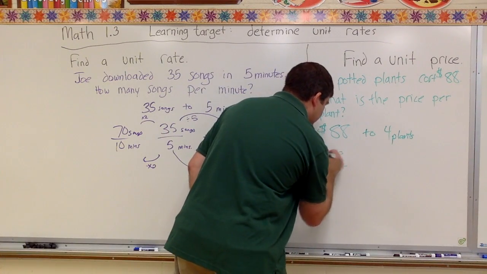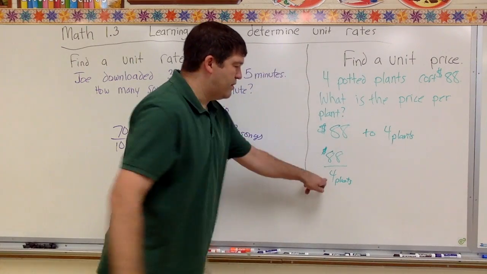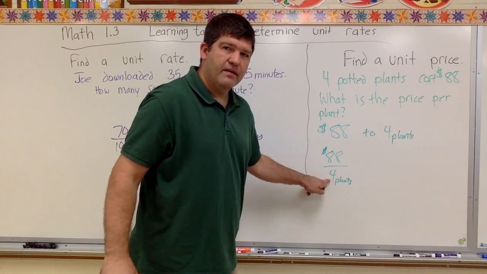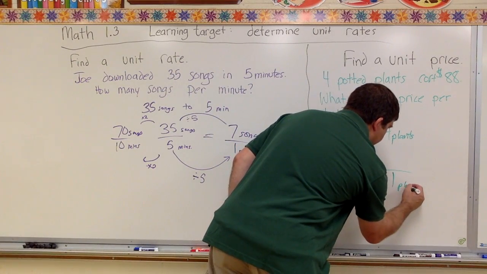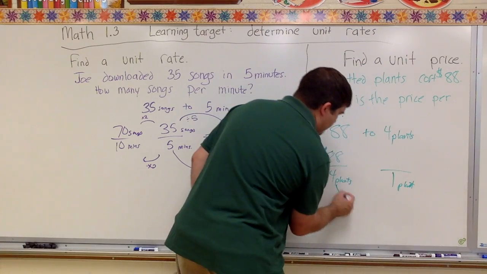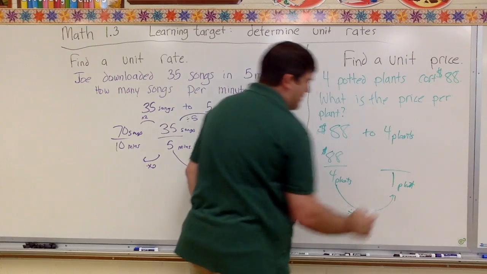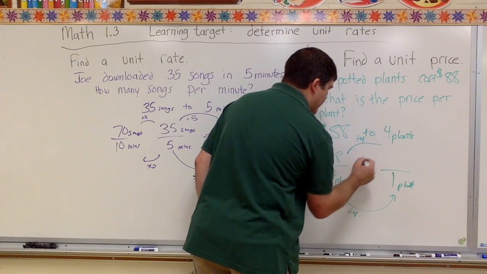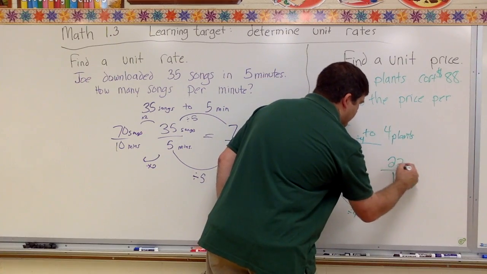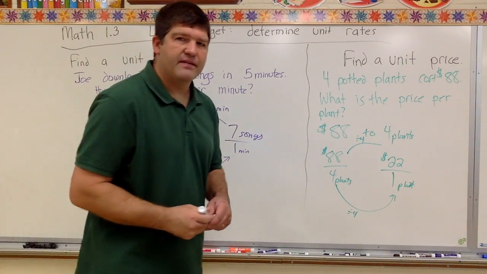This is dollars, this is plants. I'd love to get this to just one plant. So, one plant. What do I have to do from here to there? Well, if I do 4 divided by 4, it gets me 1. And if I do 88 divided by 4 on top, it gets me 22. $22 per plant.